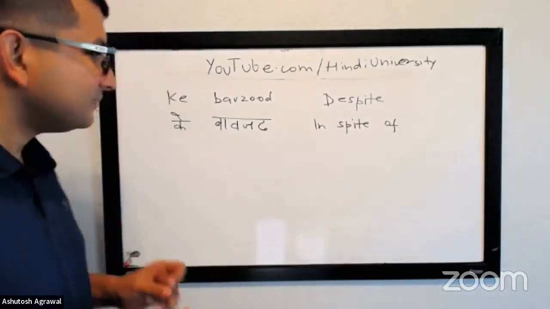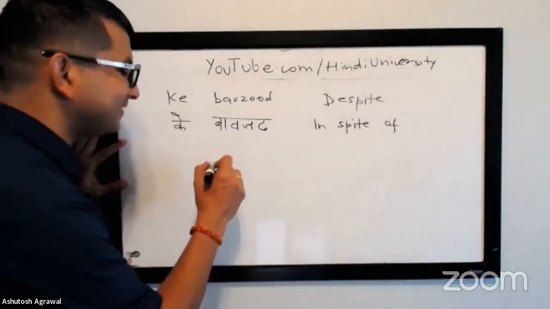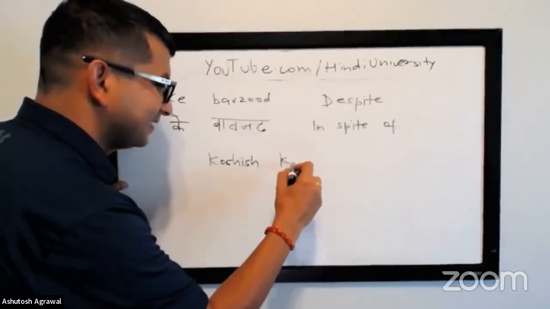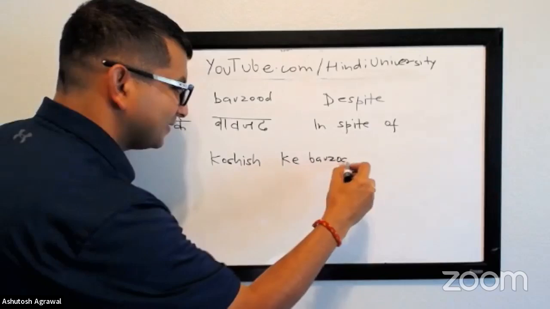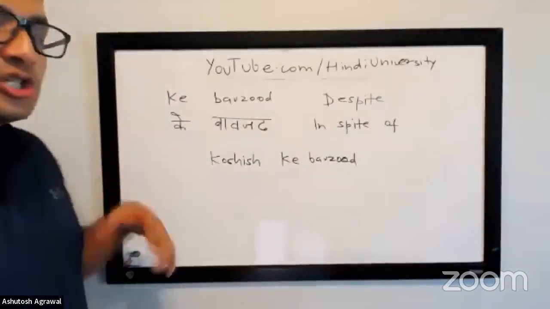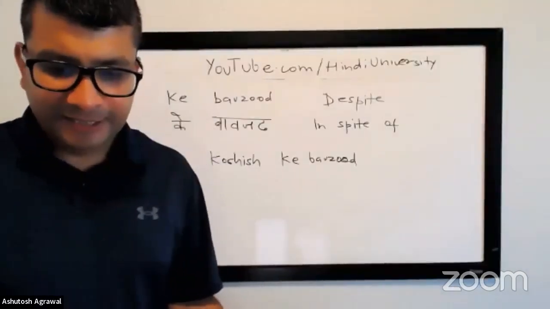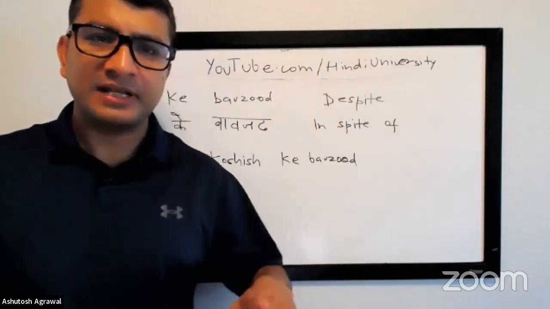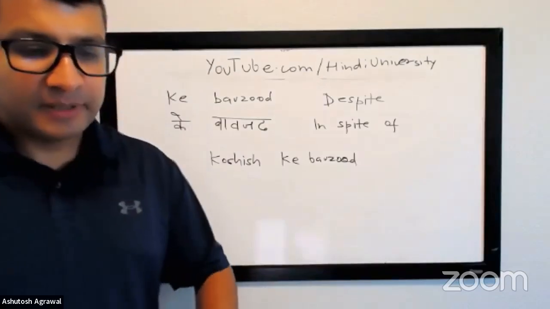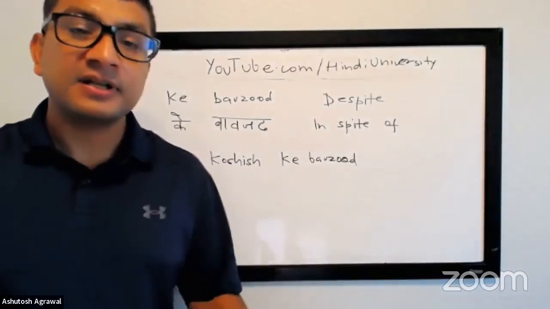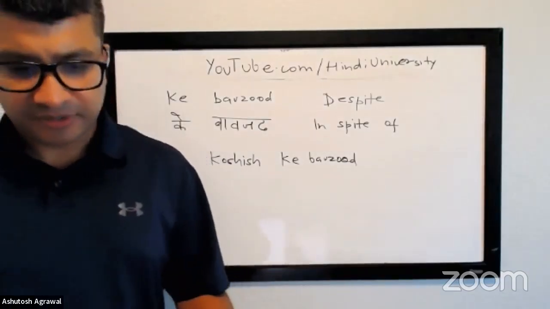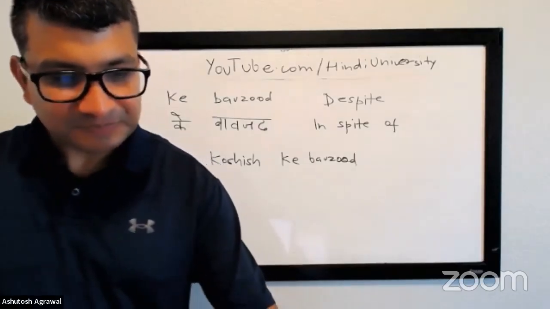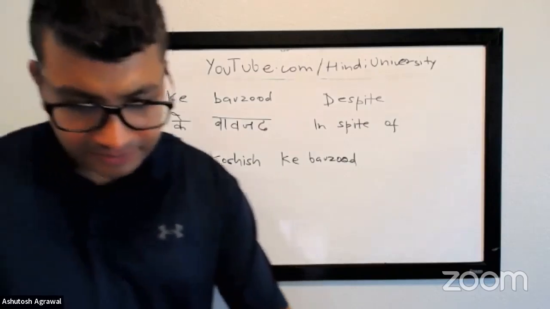Koshish. कोशिश के बावजूद, कोशिशों के बावजूद, you can say that. Attempts, some people also think of as प्रयास. प्रयास is one, and प्रयासों के बावजूद. If you want to say many attempts, कई प्रयासों के बावजूद, कई कोशिशों के बावजूद, right? So all of those are fair.